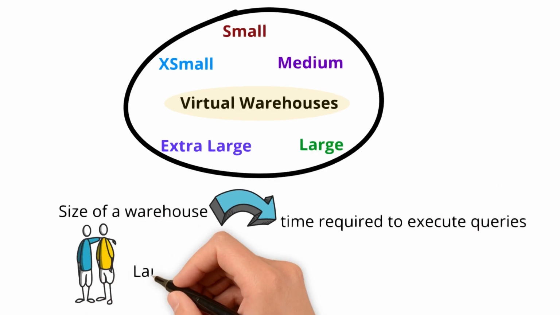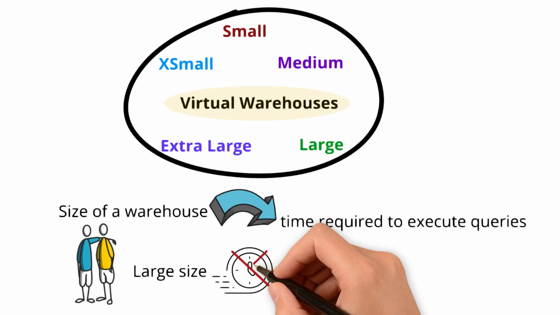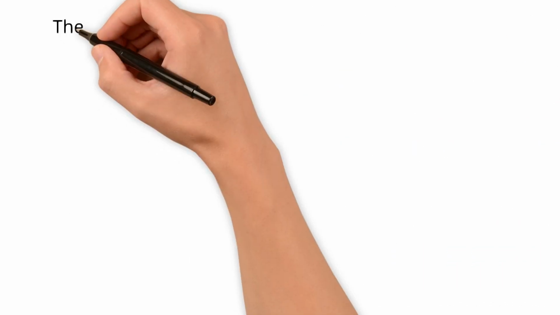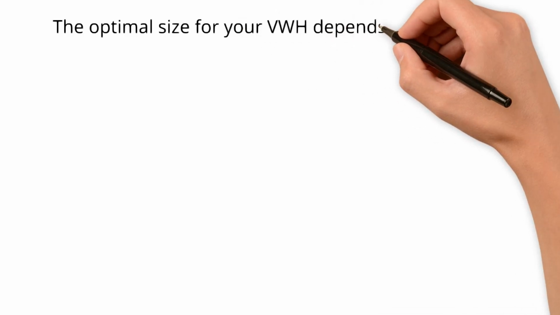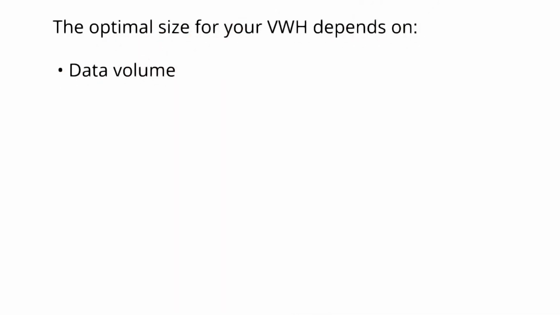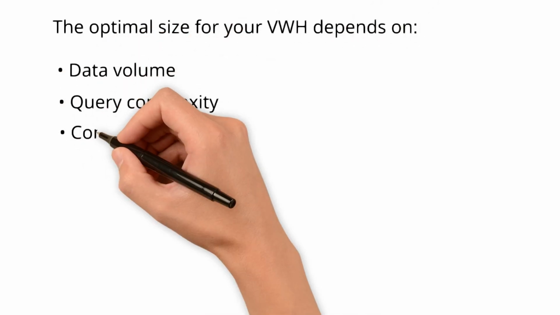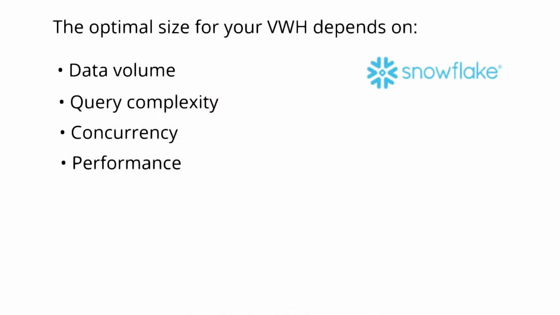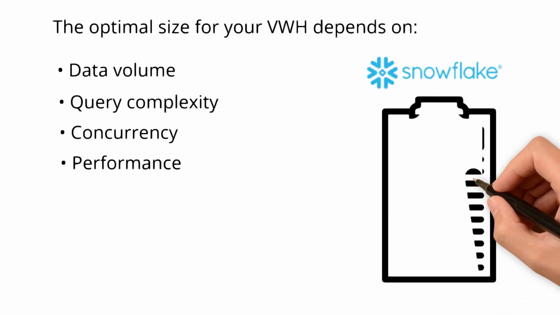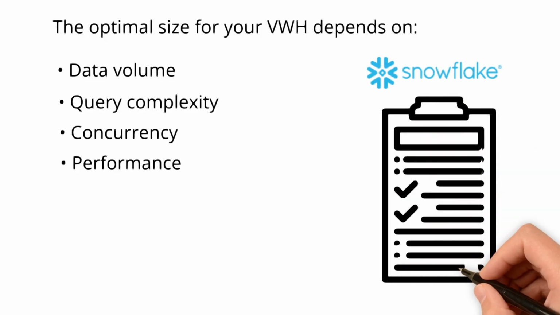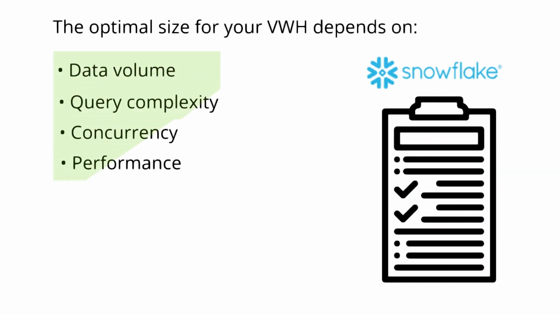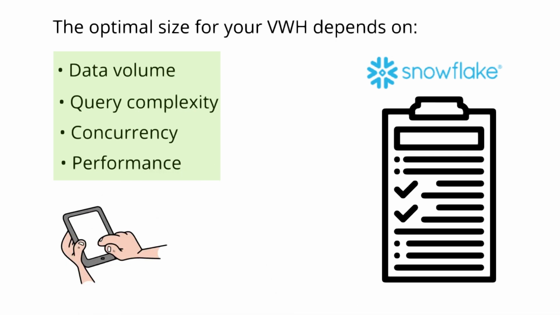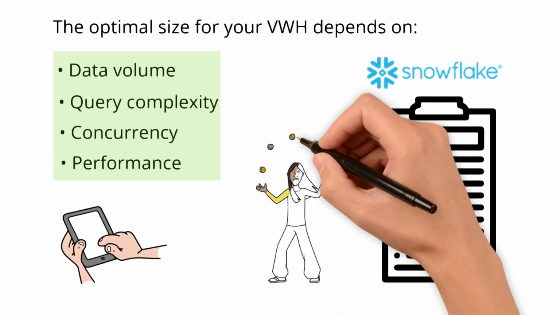Remember, larger is not necessarily faster for small basic queries. The optimal size for your virtual warehouse depends on factors like data volume, query complexity, concurrency, and performance requirements. Snowflake has guidelines that help us decide when to use what. By carefully considering these factors, you can choose the right virtual warehouse size to meet your specific needs and optimize performance.